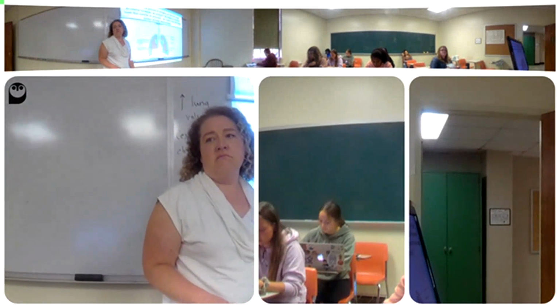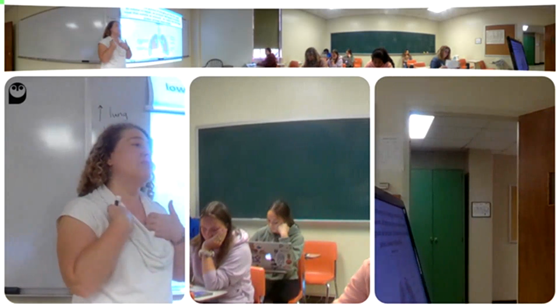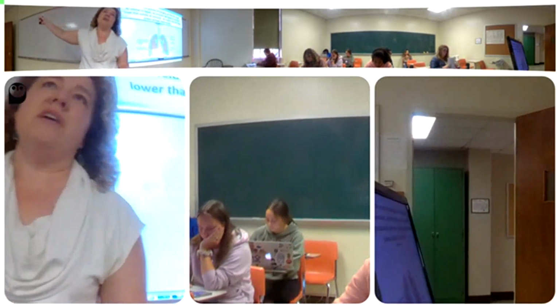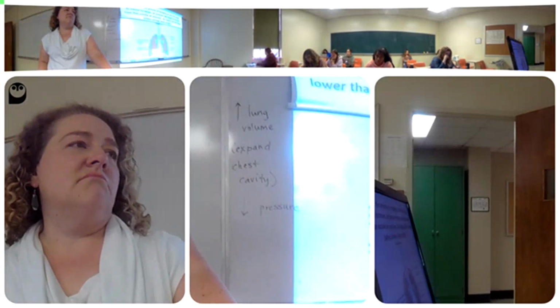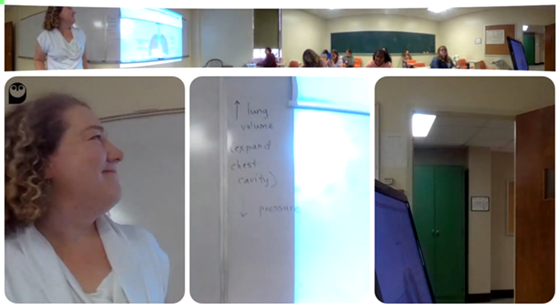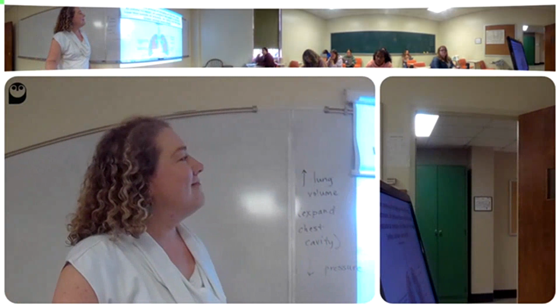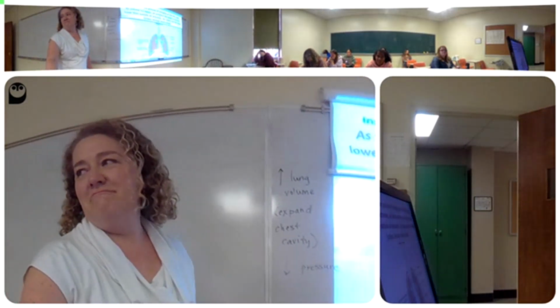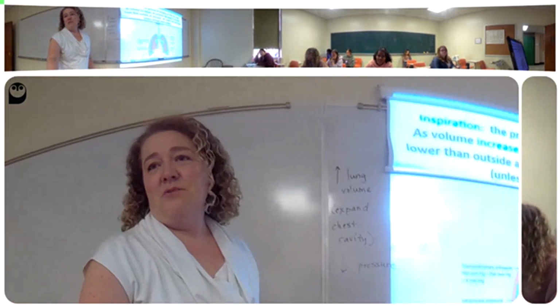So all we need to do to get air in the lungs is to get our lung pressure a little bit lower than the room air, and air will rush in. Unless you're choking or unless you're drowning, that's going to work.